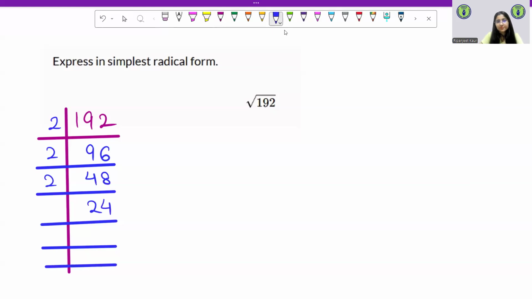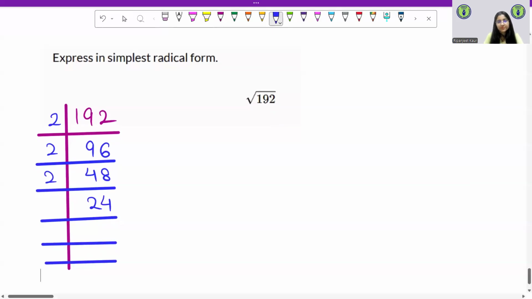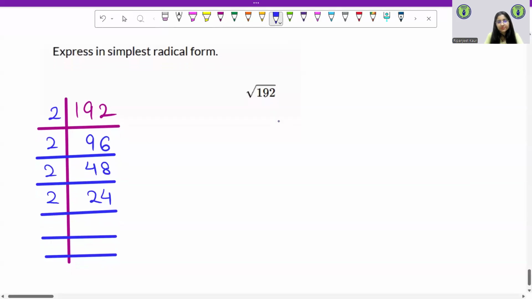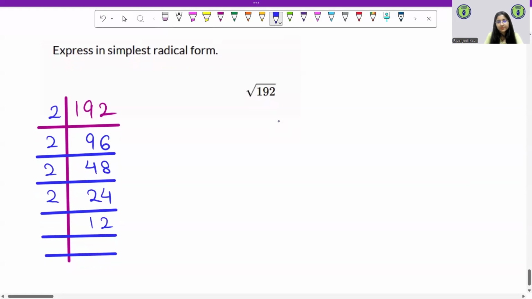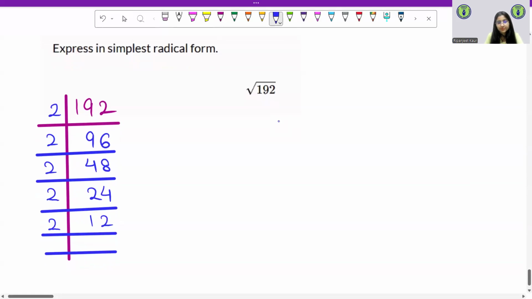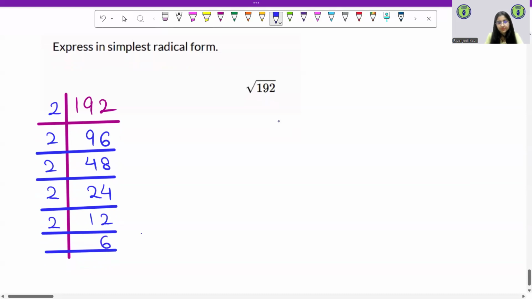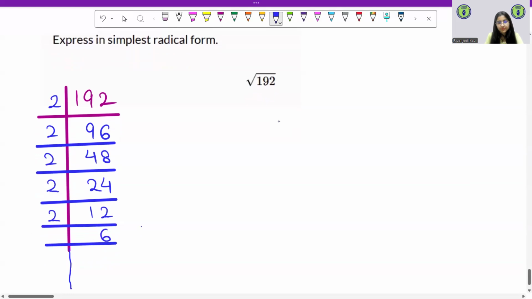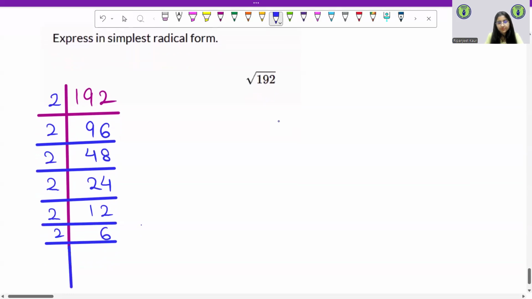Then you can divide by two again and you'd get 12. Then you can divide again by two and get 6. And then you can divide again by two and you get 3. That's the lowest it can go.